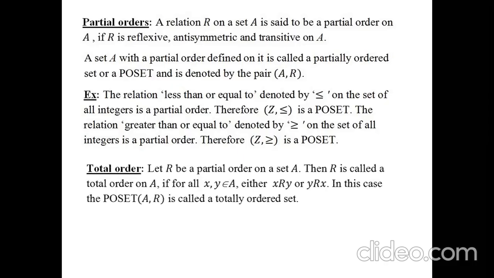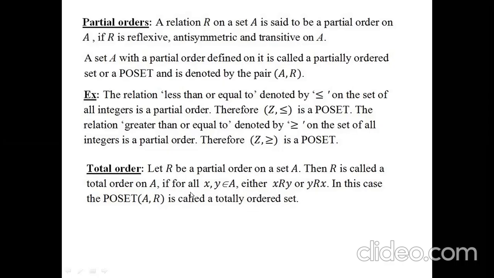Next, we will discuss the definition for total order. Let R be a partial order on a set A, then R is called a total order on A if for all x, y belonging to the set A, either x is related to y or y is related to x. In this case, the poset (A, R) is called a totally ordered set.